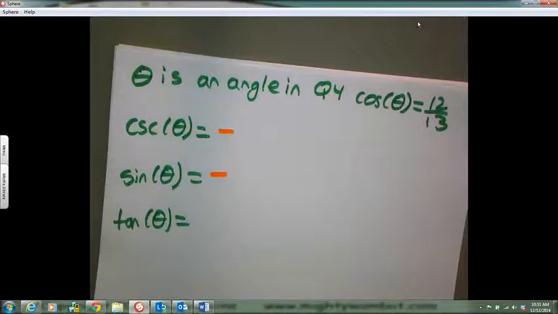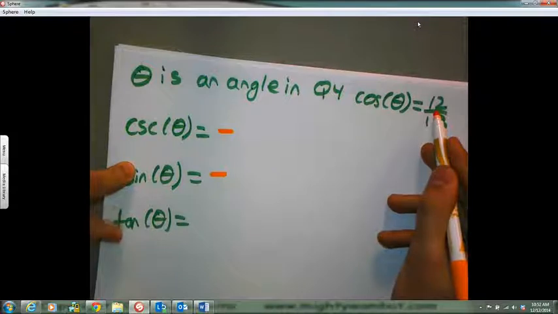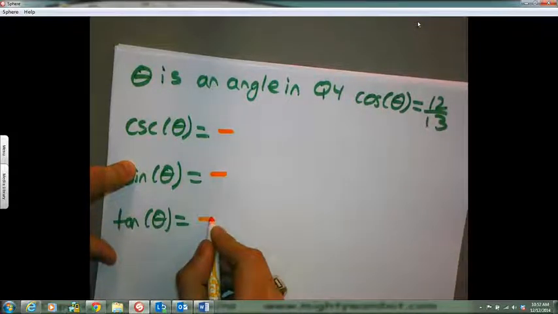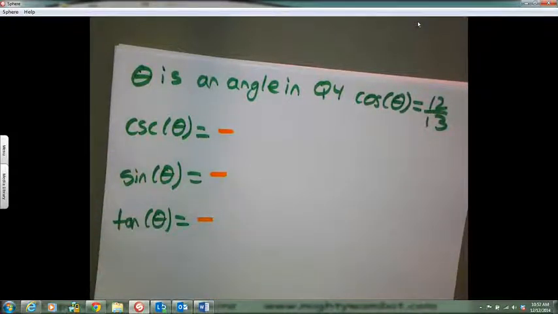And tangent, which is sine divided by cosine, negative divided by positive, must also be negative. Questions on the logic there?